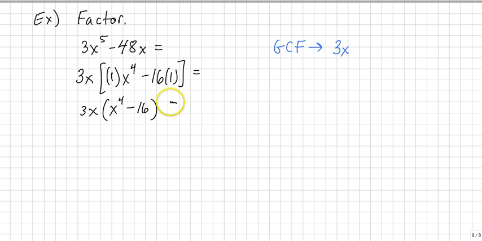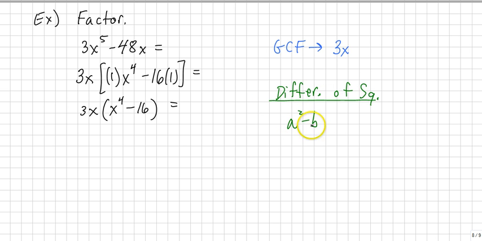But we want to be careful because we factored out the greatest common factor, but it turns out x to the 4th minus 16 is the difference of squares. So we always want to be on the lookout for one of our special products.